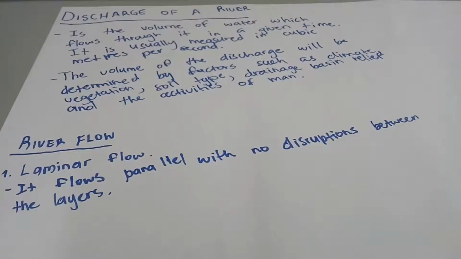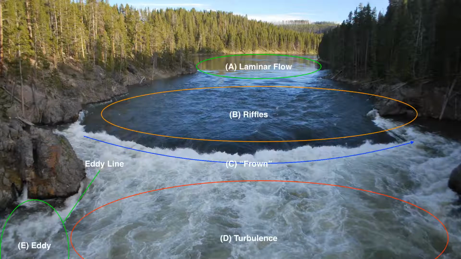Let's see a laminar flow. You can see a laminar flow there at A, then turbulent flow is at D, whereby there is a lot of friction causing water to flow in a turbulent way.